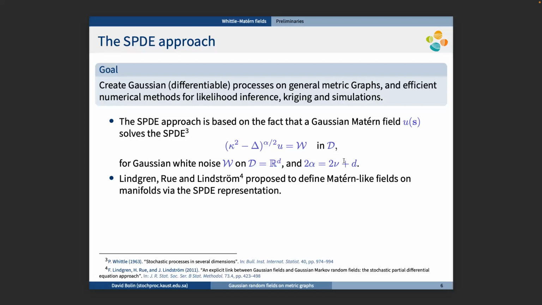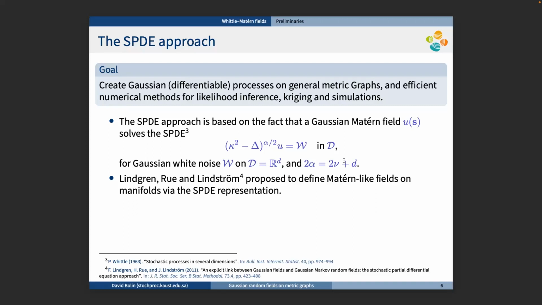So they said that if we are on, for instance, the sphere, and you want to define a Gaussian process on the sphere that behaves sort of like a Matern field, you can simply solve this stochastic PDE when you replace the domain D from R^d to the sphere.